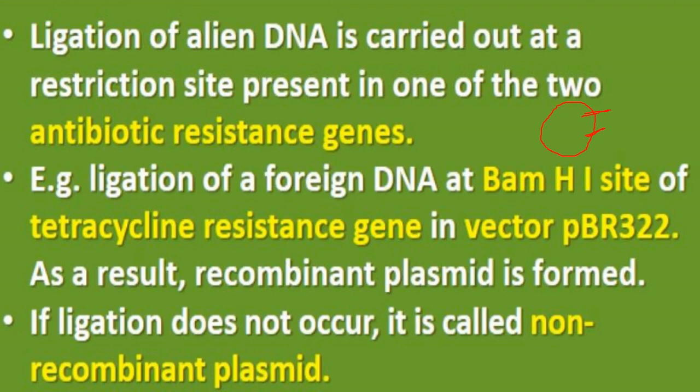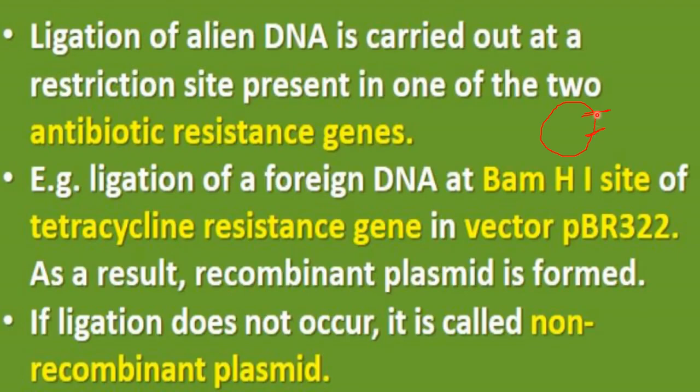This gene is the tetracycline resistance gene. And here in this tetracycline resistance gene, the BamHI site is also present. In this gene, the recognition site for BamHI is also present.